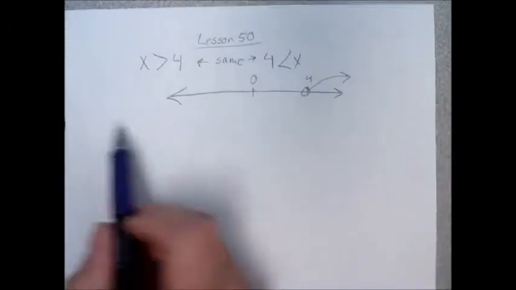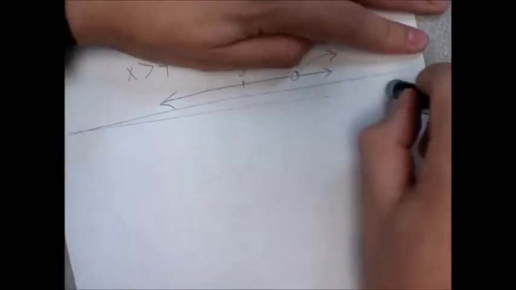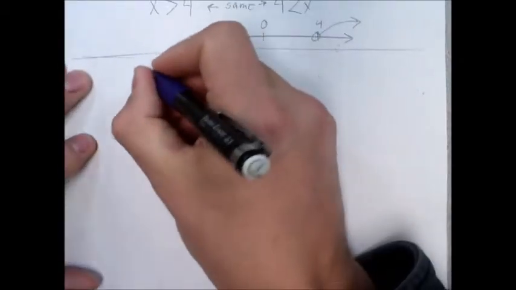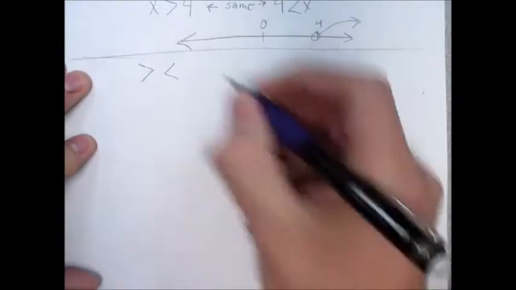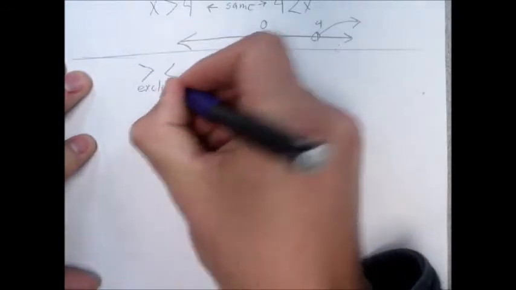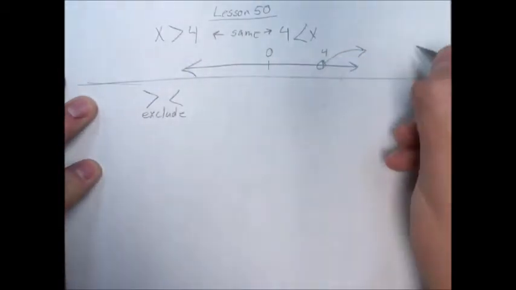So here's a nice little chart for you. You might put it on your formula sheet or your note cards, whatever it is that you use on the test. So greater than and less than are exclusive, meaning they exclude the number that they are talking about. So up here where I said X is greater than 4, that means it can't be 4, but it can be anything bigger than it.